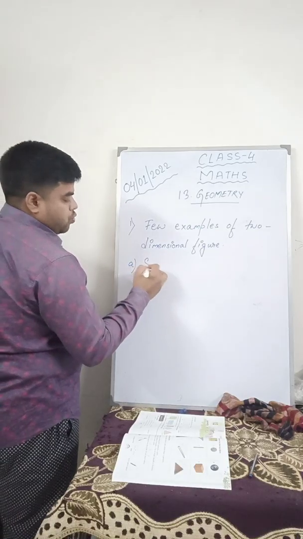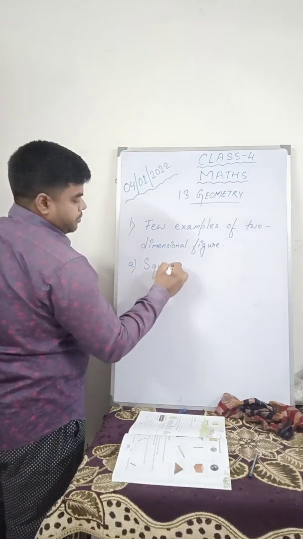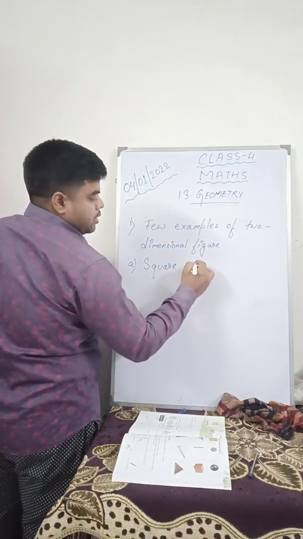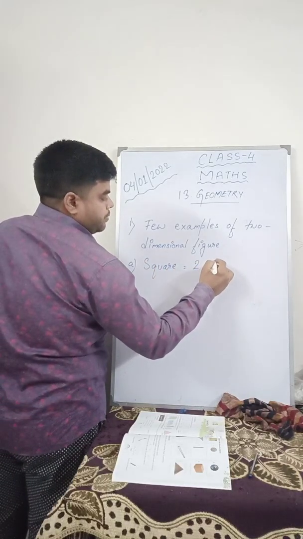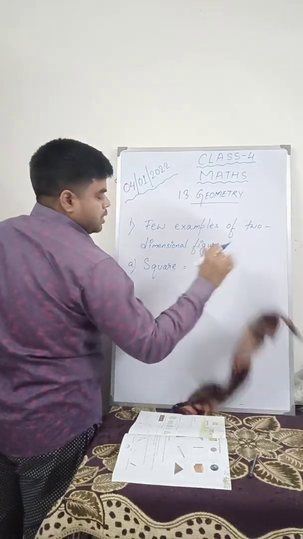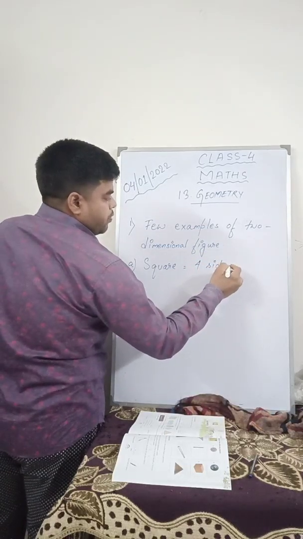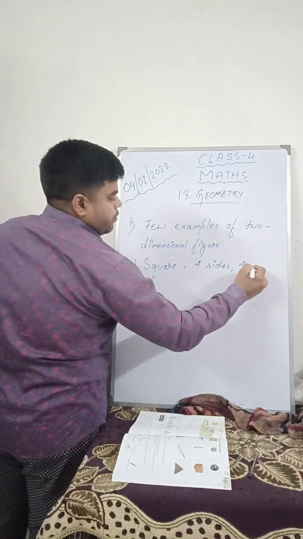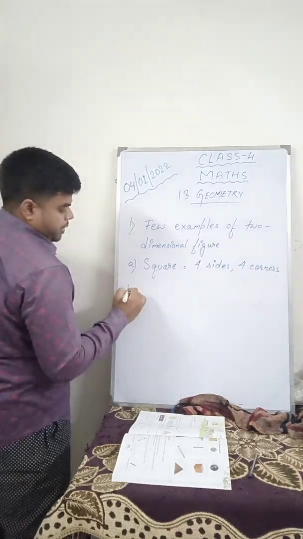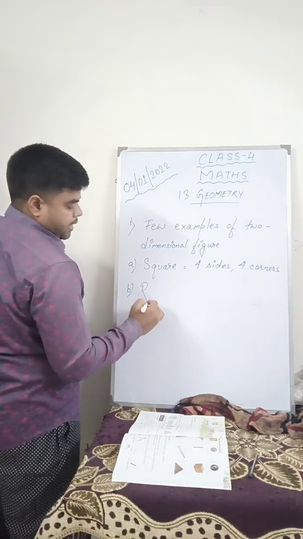Number one, square. And let us write the details. Square has four sides, four corners. Number B, rectangle.